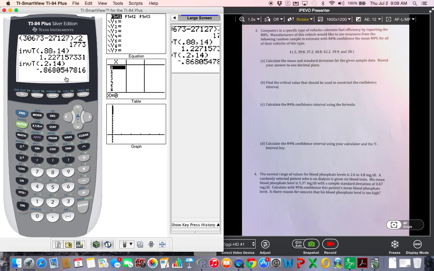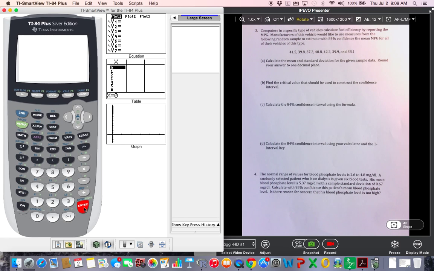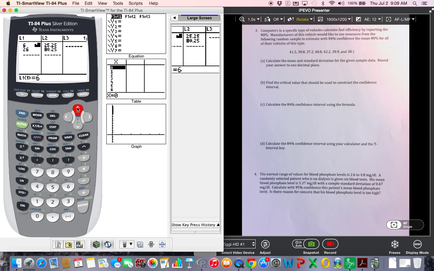All right. So I've got split screen going on here. Guys, if I want to find the mean and standard deviation of a set of data, I'm going to go up and hit clear enter, and very carefully type in my data: 41.5, 39.8, 37.2, 40.8, 42.2, 39.9, and 38.1.